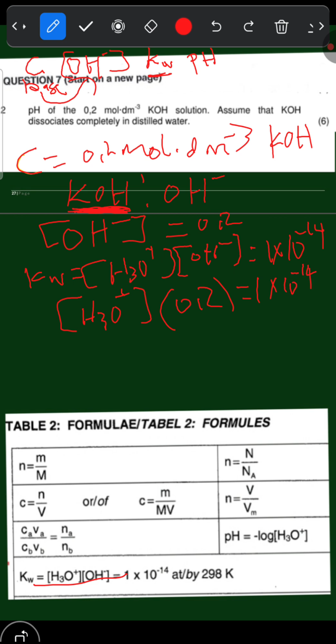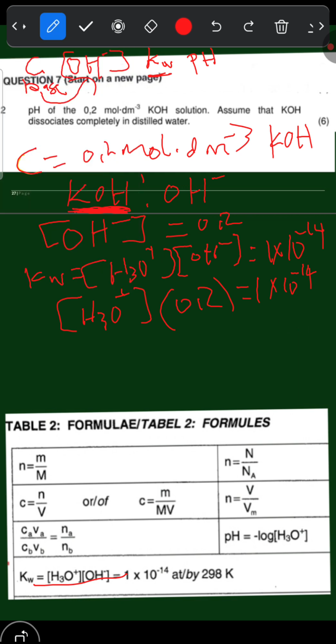Then you divide both sides by 0.2. Note that when I substitute this value of concentration, I'm using round brackets. But this I'm using square brackets, which means concentration. Divide both sides.